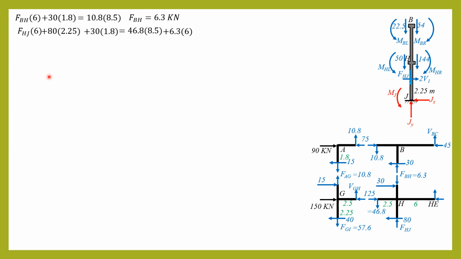So we can now solve FHJ. It is equal to 33.6 kilonewtons.